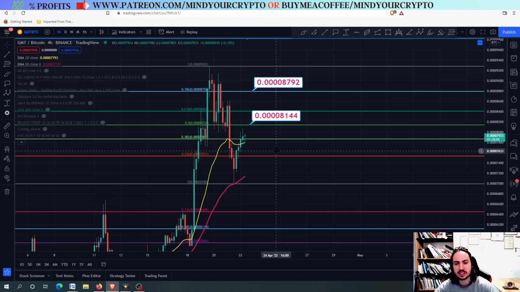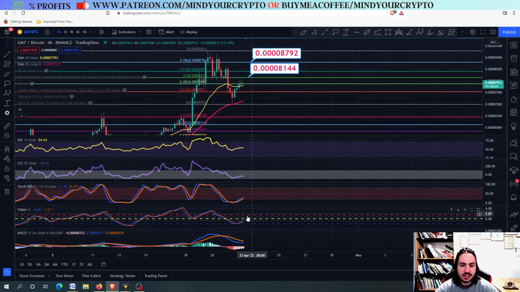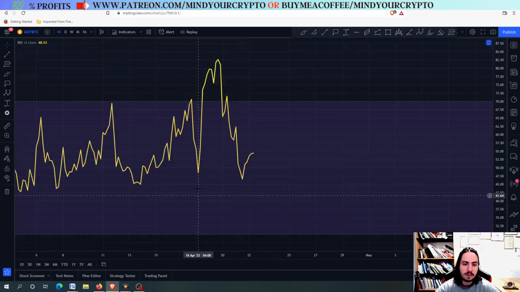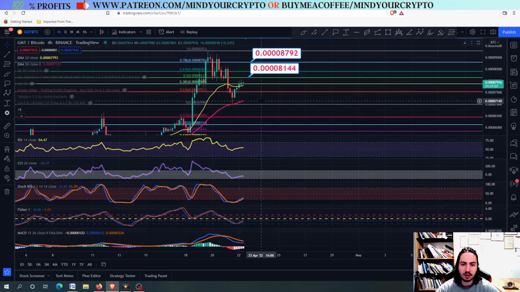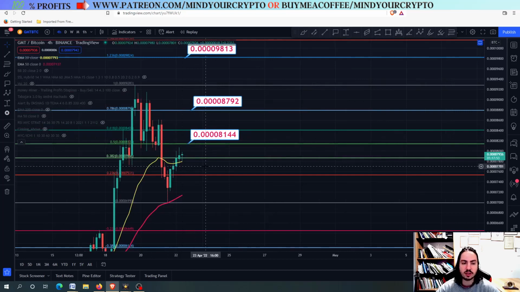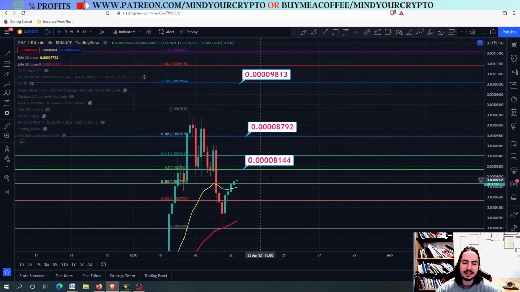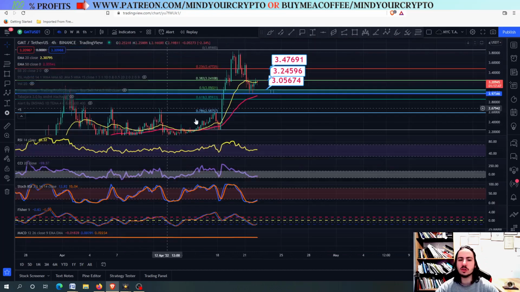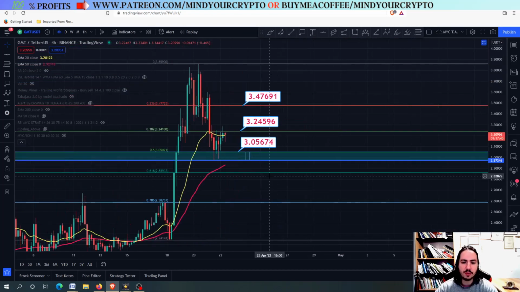Okay, so we could say something like this. This is how this indicator works, and you can see with the RSI we have the same as well, lower low and higher low in the RSI. This is good in general for an altcoin that wants to bump, but I think that you should be keeping these targets for now. Let's go to the GMT against USDT chart.